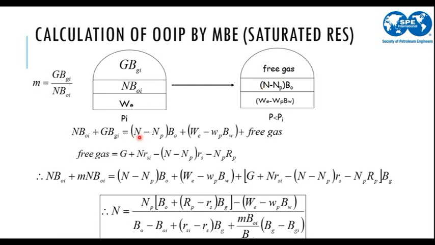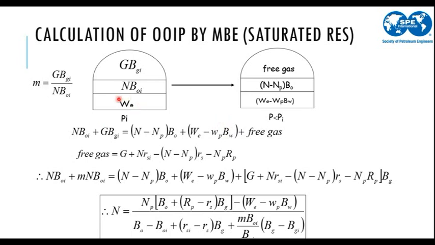This is the initial oil in place minus the oil that you have already produced, multiplied by beta O in order to get the volume of the oil remaining at the reservoir condition, plus WE, the water influx, minus Wp, the produced water during the depletion phase, multiplied by beta W to get the volume of the remaining water at the reservoir condition.